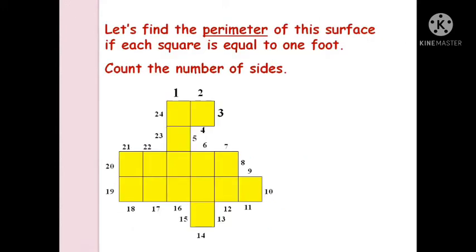Now let us find the perimeter of this given shape. We have to count each and every side.